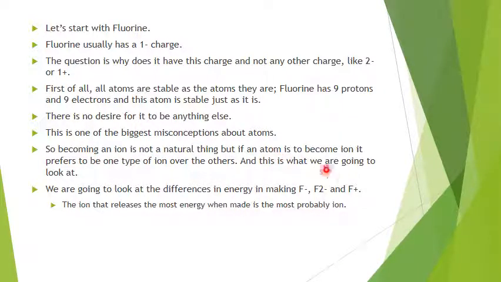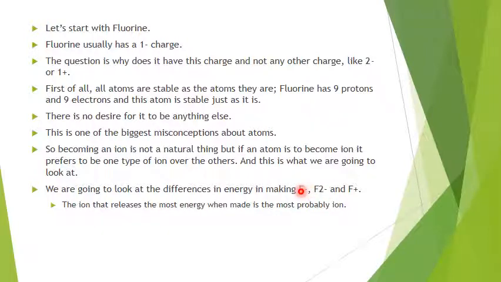And the type of ion that they become is determined by how easy it is to make that ion, or which ion is the most stable in its making. So which atom, in a sense, releases the most amount of energy when it is made.